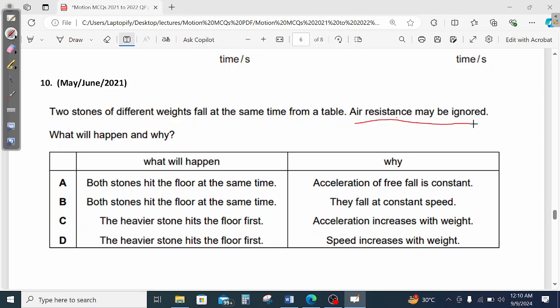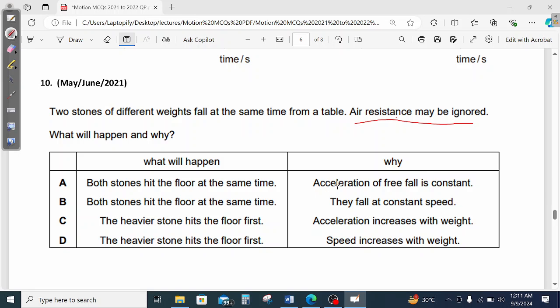Even if the mass or weight of the object is different, according to the Galileo experiment, both objects will reach at the same time, because the gravity of the earth will attract both objects with the same acceleration. So both are moving towards the earth with constant acceleration.